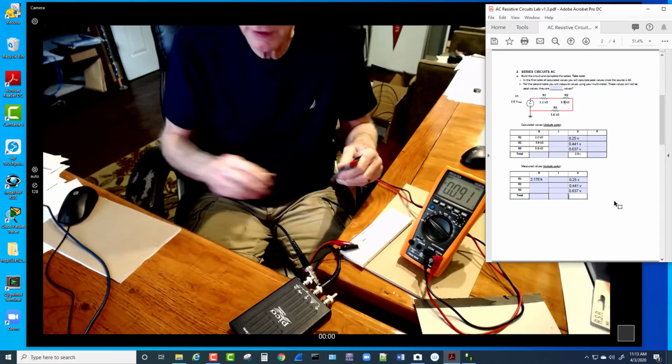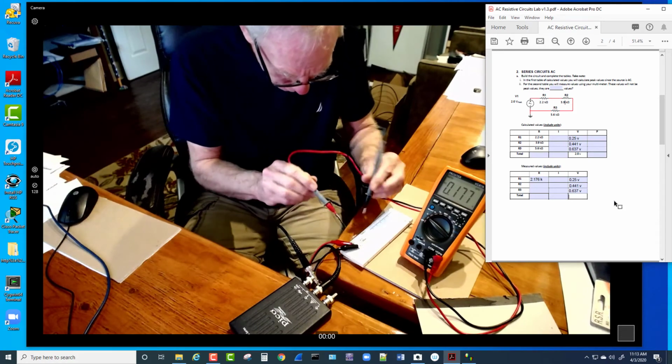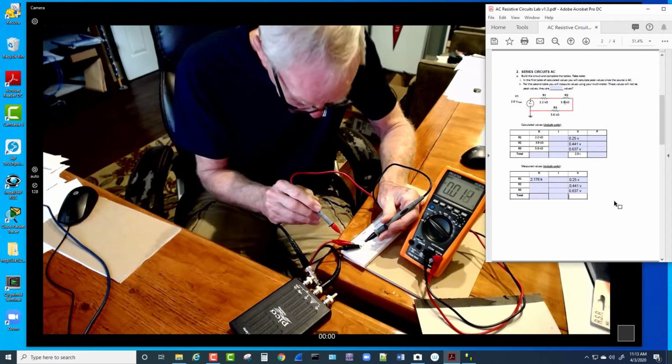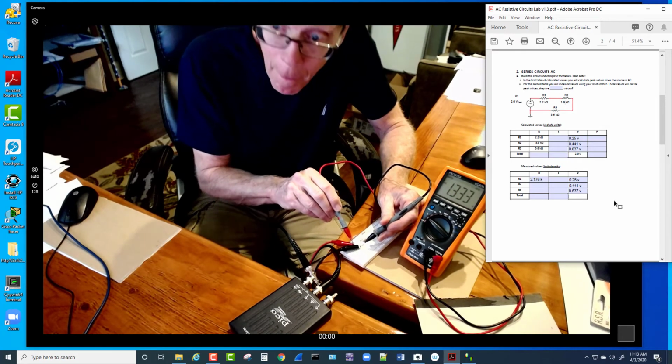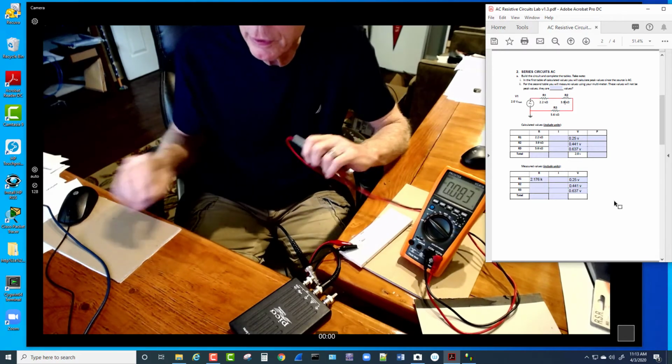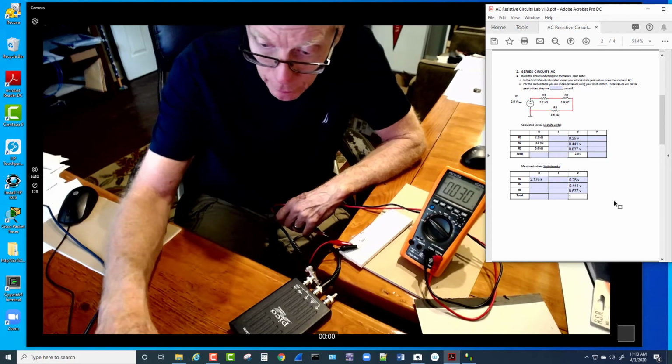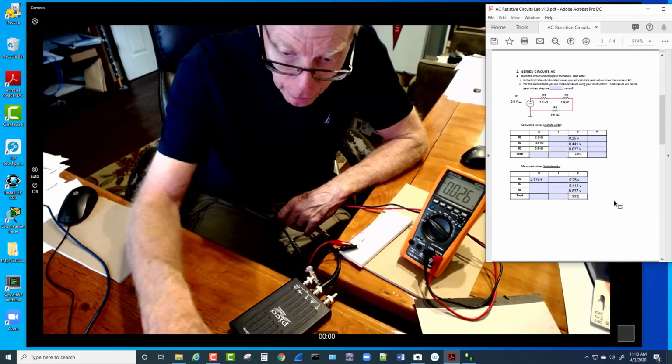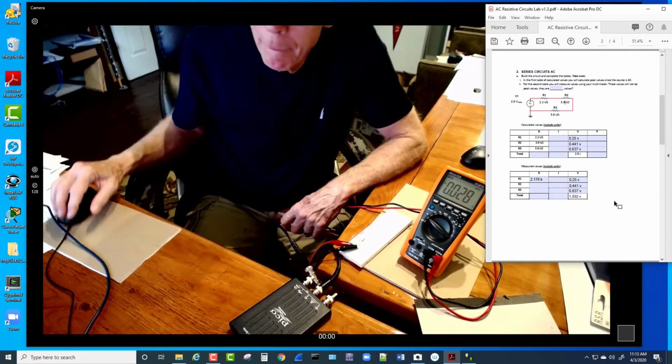And then I'm going to measure the whole thing. So I'll measure across everything. And I get 1.332 volts. Okay?